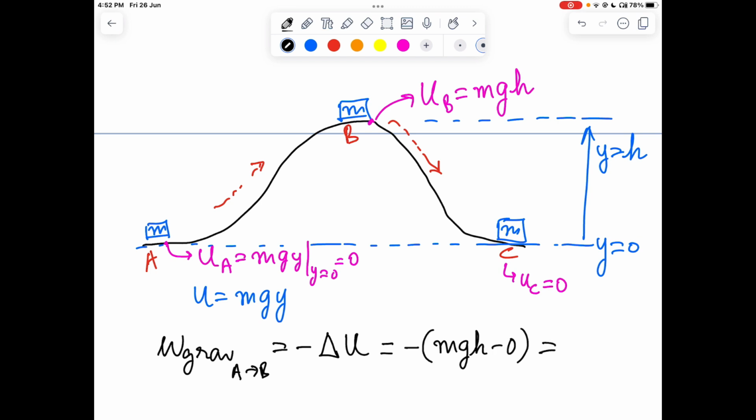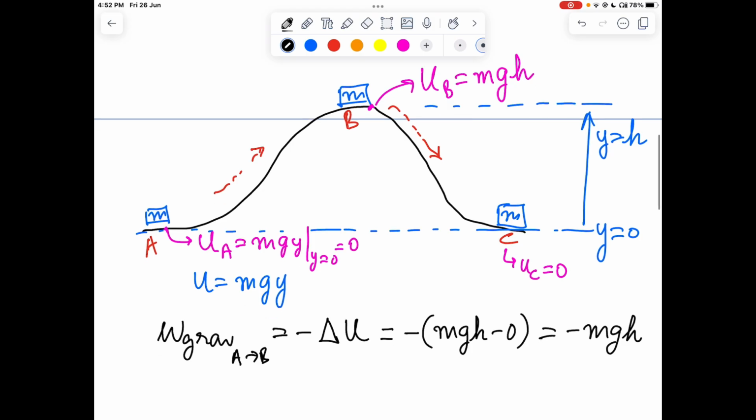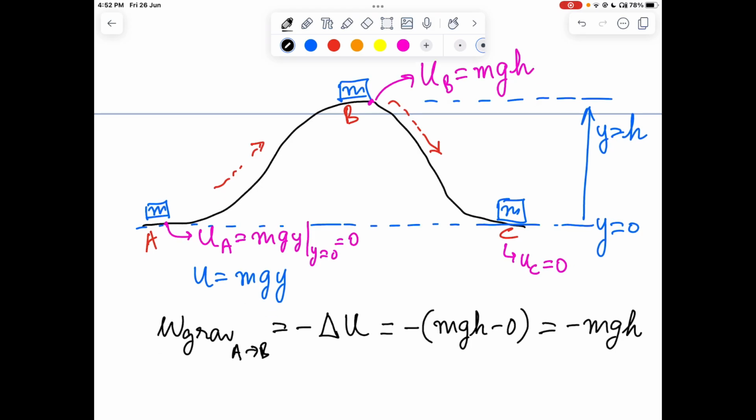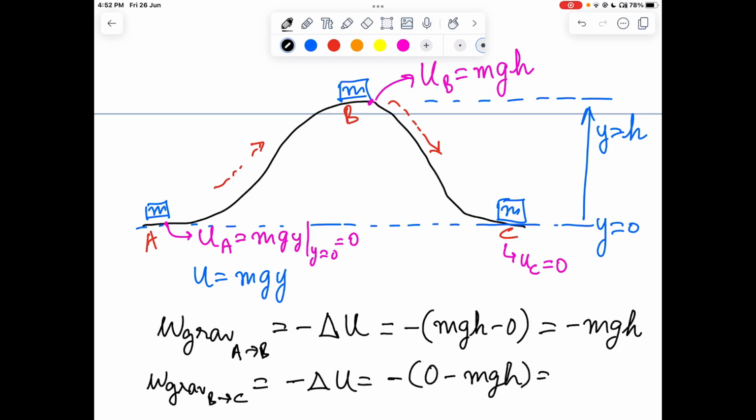That works out to minus mgh. Similarly, if you want to calculate the work of gravity from the points B to C, we have again the negative of delta U. That would be minus of 0 minus mgh, which is equal to mgh.